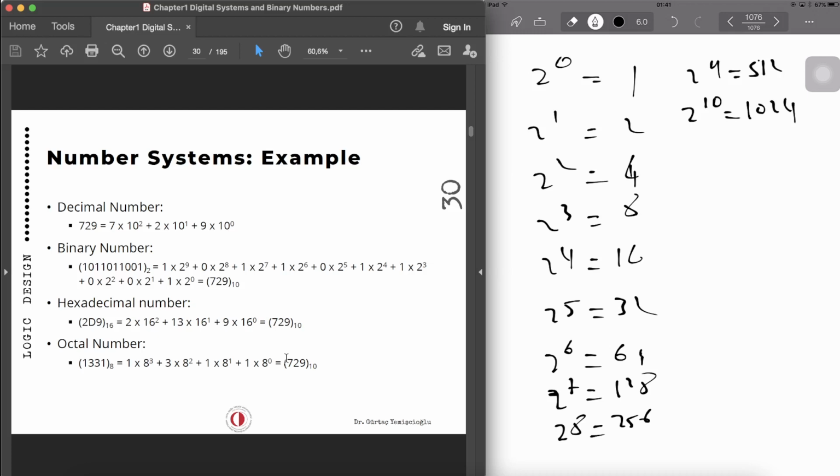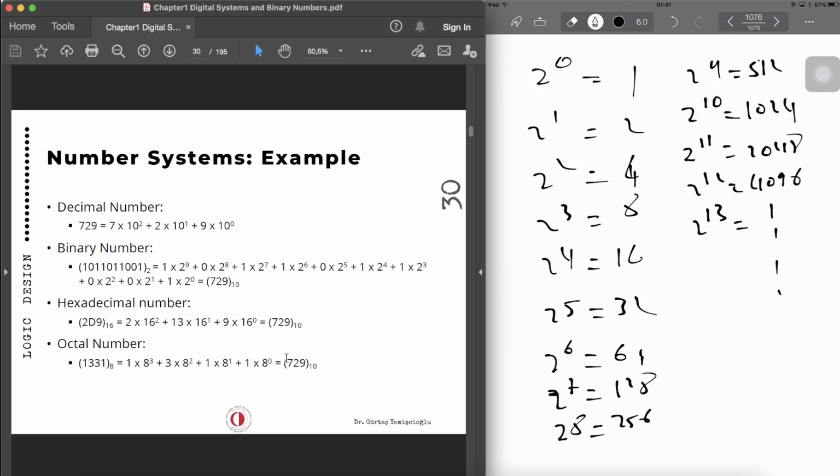So you have to learn this. Don't memorize it. You have to learn it. It's just doubling. They are just powers of 2. So 2 to the power 11, again doubles, 2048. 2 to the power 12, 4096. To the power 13, it's going to be double of that, and so on.